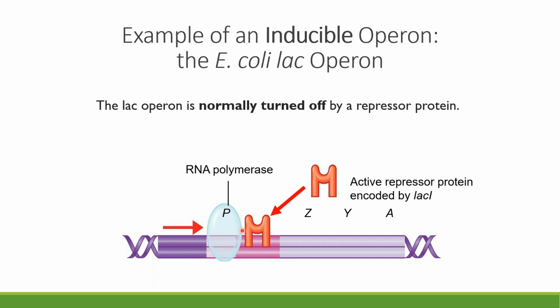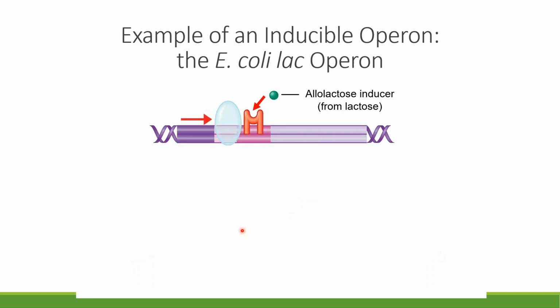And this is very typical of what you would expect with an inducible protein. If someone could imagine what's going on when we have a stimuli here, that stimuli will remove that repressor protein. And we have allolactose, a derivative of lactose. If lactose is floating around, let's say in your digestive tract, E. coli just picks some of it up naturally.